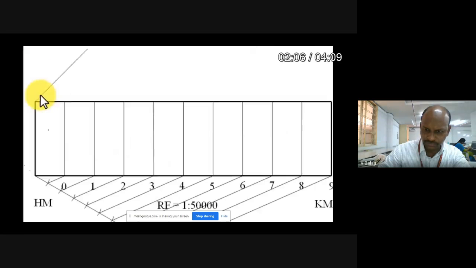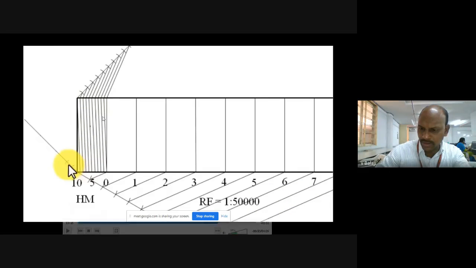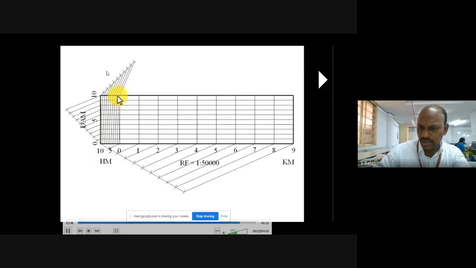So 7 on the right hand side of the 0 mark, you take your drafter and draw one vertical line at the 7th. That is known as the extension line to insert the dimension line.